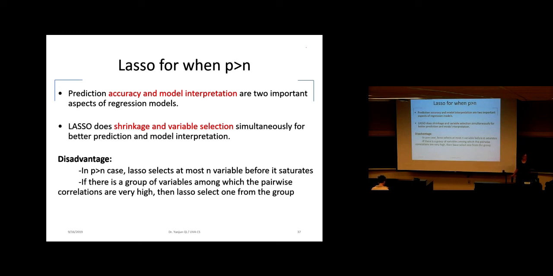It improves prediction accuracy and also model interpretability, because you know which features are more important as all the other features got pushed out. But the issue is that when p is larger than n, lasso can select only up to n variables.